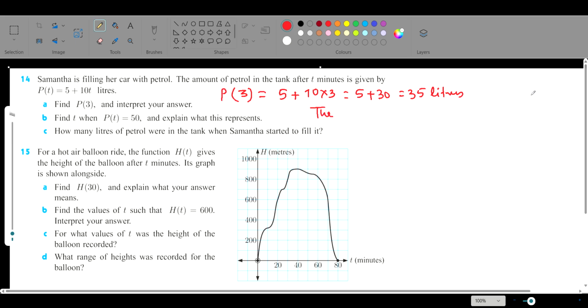So I can say the amount, how much? 35 liters of petrol is filled in the tank after 3 minutes.